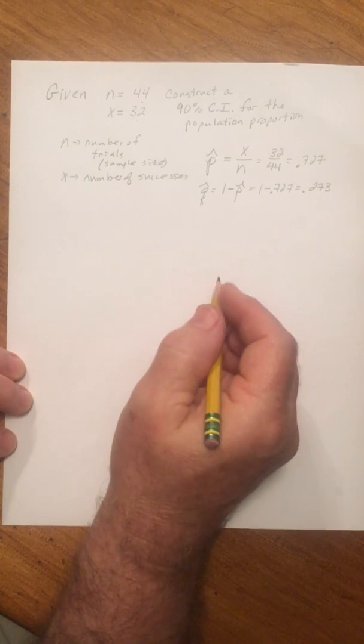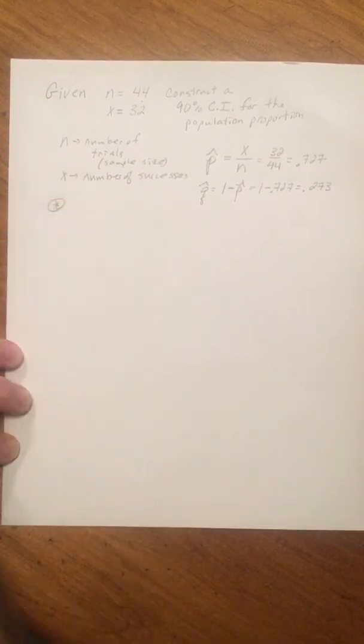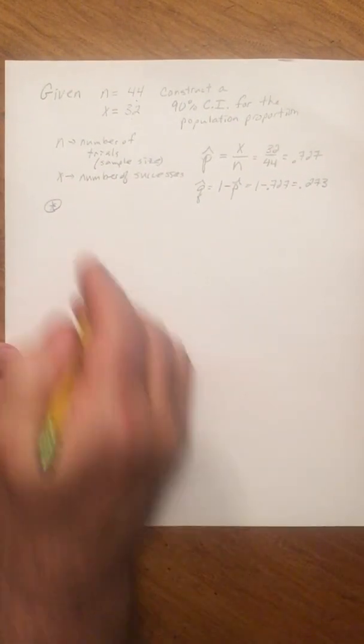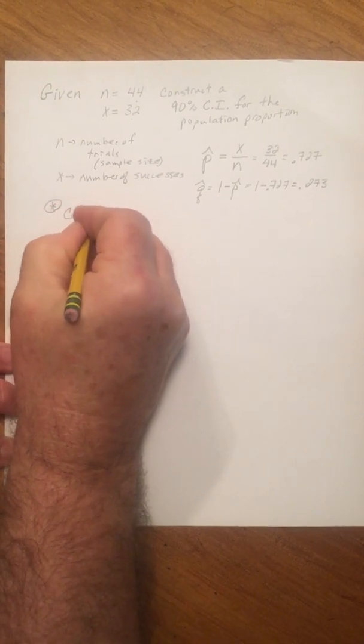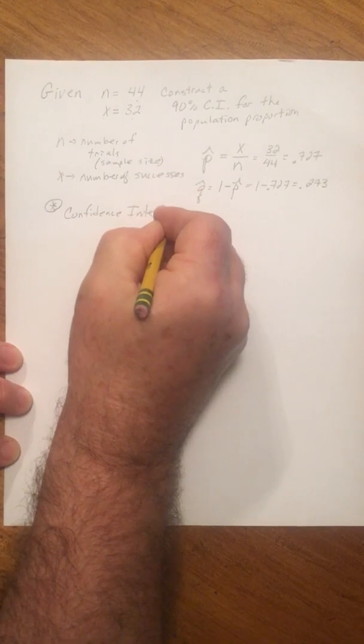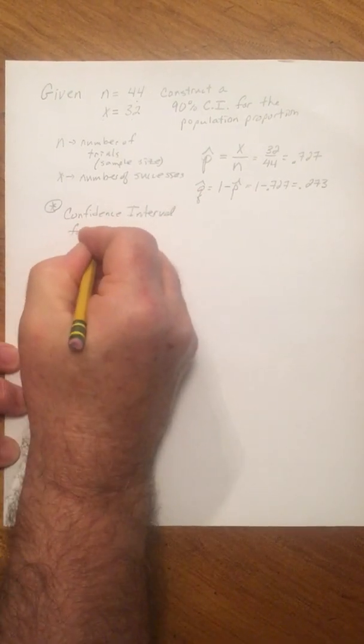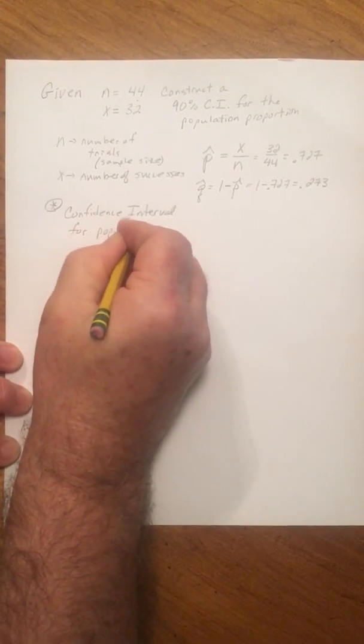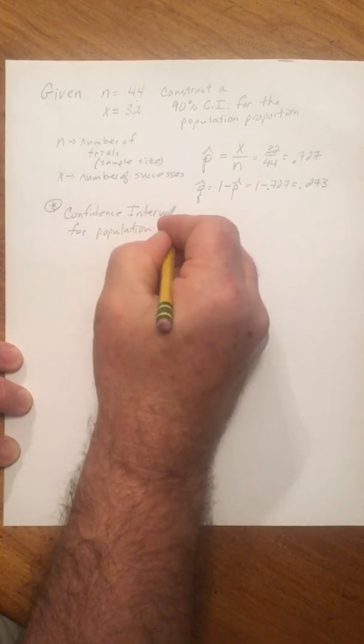All right? Now, here's the big deal. This is our formula for the confidence interval for the population proportion.